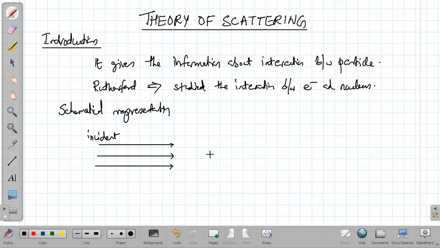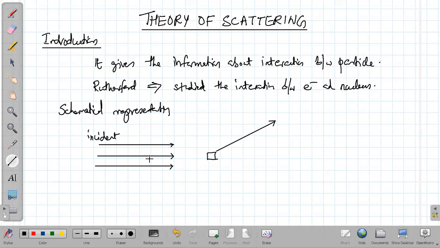From this scattering center, the incident particles will be scattered along different directions. Suppose we have taken one direction as a reference.